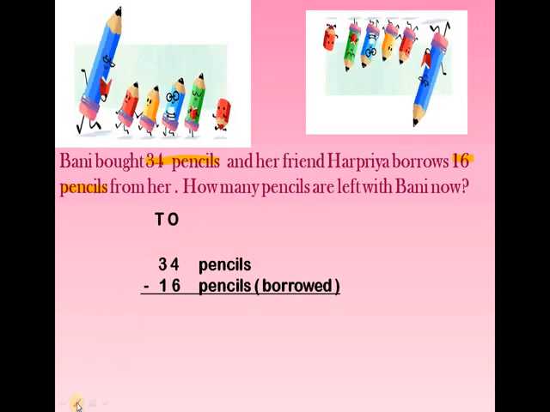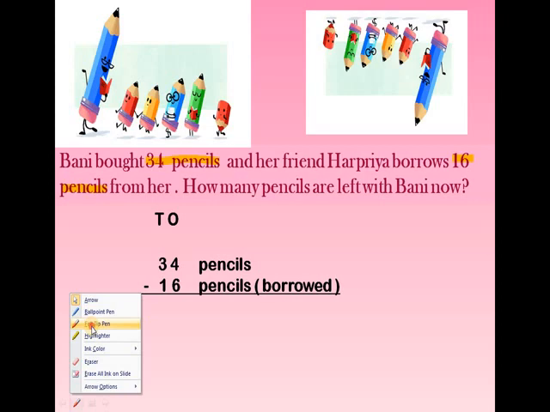And now we are going to follow the rules. Start from ones. Very good. Then observe the top number. 4 minus 6. 4 is smaller than 6, teacher. Very nice. So what are we supposed to do then?